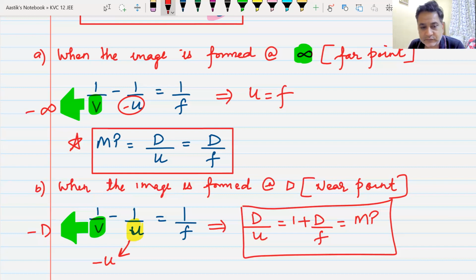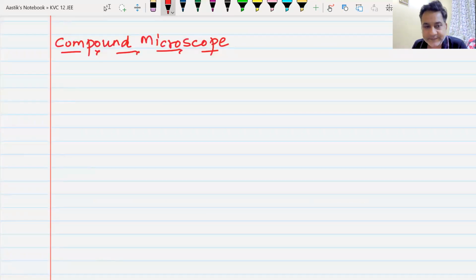Yes, sir. What do you mean by compound microscope, beta? How does a compound microscope look? The simple microscope only had one lens. What about the compound microscope? Does it only have one lens? It has multiple lenses.